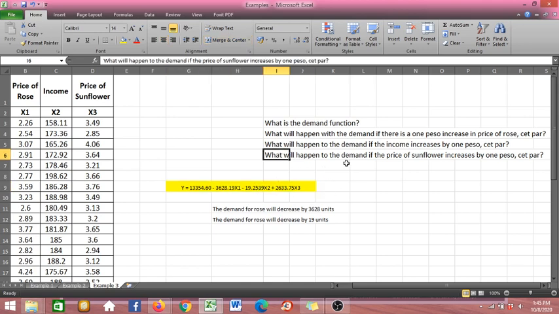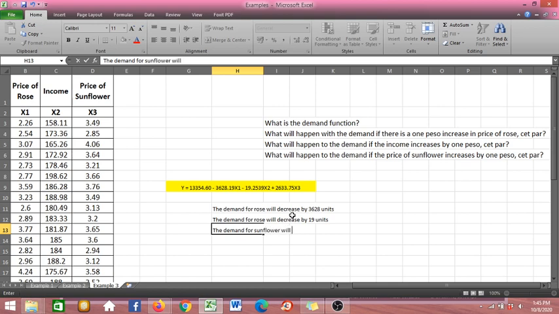Then, what will happen to the demand if the price of sunflower increases by 1 peso, ceteris paribus? Okay, so the price of sunflower increases, so the demand for rose will increase by 2634, we can just say units.